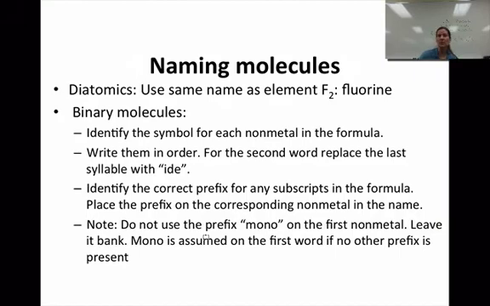How much you take off is something you'll just get used to. It's always this group of nonmetals, and there aren't that many, so you'll get used to the pattern of what the ides sound like. And again, don't use mono for the first element, only for the second one. That is the most common mistake when it comes to naming molecular compounds.